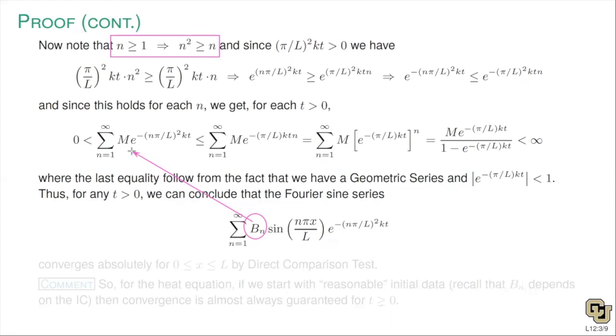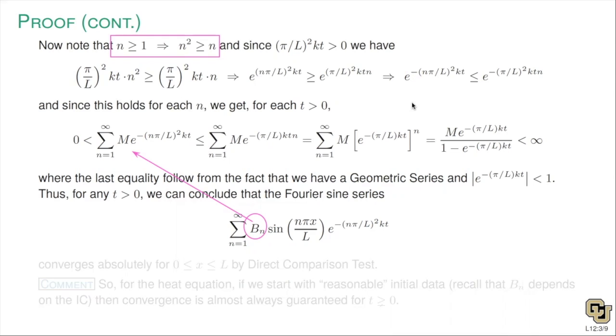So if that integral is not well behaved, remember sine's a bounded function, if that integral is going to blow up, it's going to be because of the f of x function, the initial condition. And now if we require that the initial condition doesn't have any infinite discontinuities, its derivative doesn't have any infinite discontinuities, it's piecewise smooth, then that B sub n is going to be very well behaved and bounded.